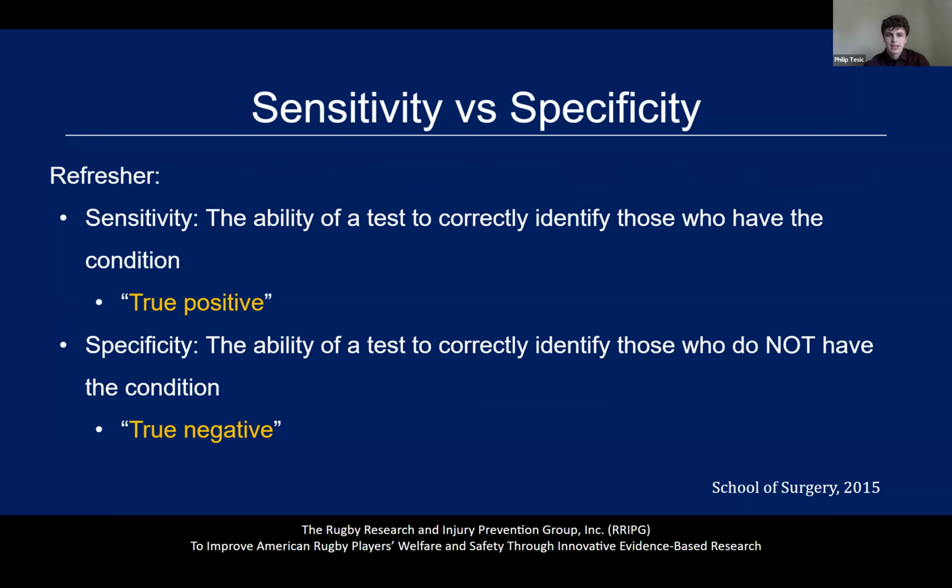Whereas specificity is the ability of a test to correctly identify those who do not have the condition, and this, on the other hand, would be known as a true negative. And the ROC curves evaluate the relationship between the sensitivity, the true positive, and the specificity, the true negative.